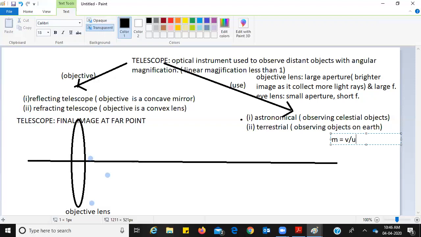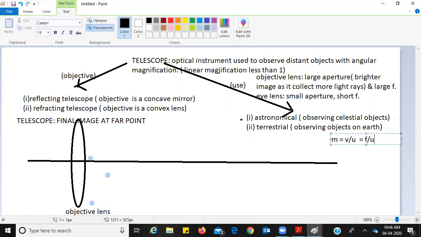No, that's fixed, and it's very, very large, close to infinity. The image will be formed close to the focus, so I can change this formula to F by U. Why? Because the image is formed at the focus. So how to increase the magnifying power? By increasing the focal length. Large focal length. That's the reason.